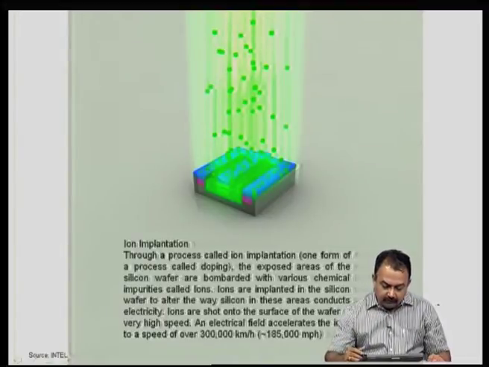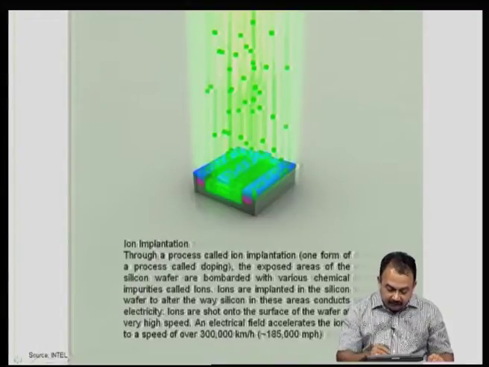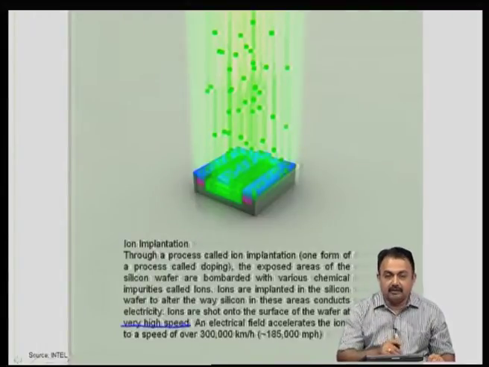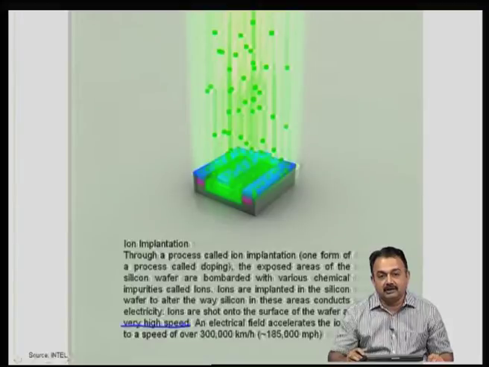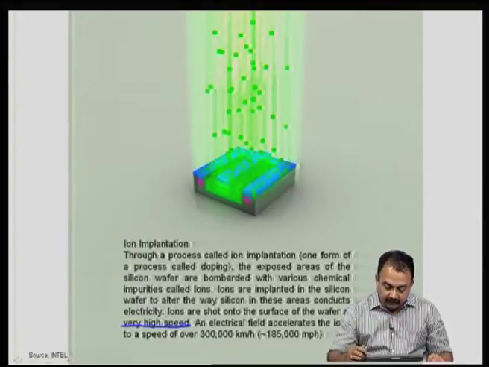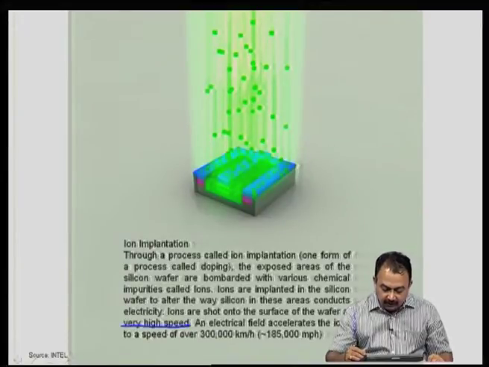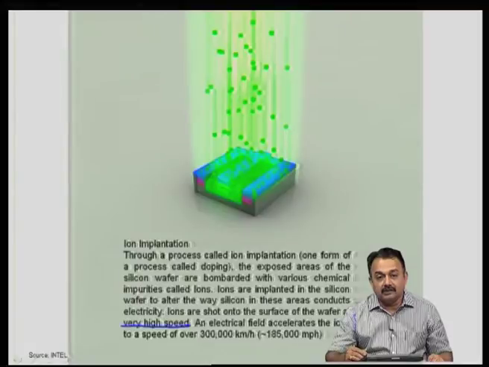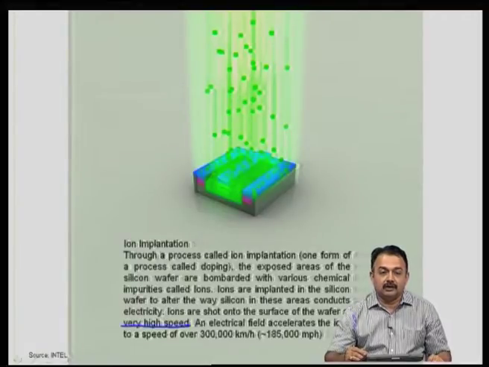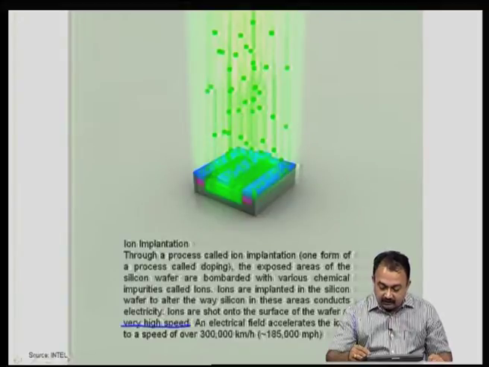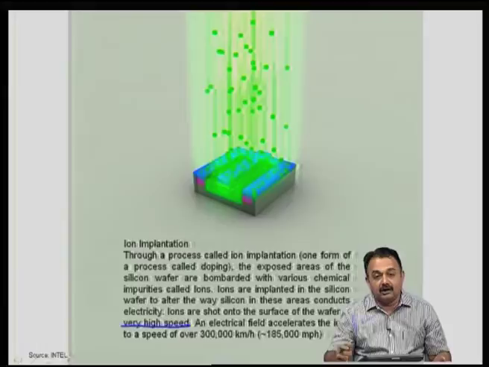If you look at this, ions are shot onto the surface of the wafer at very high speed. It is a bombardment that takes place, only then the doping or implantation can take place. The electrical field accelerates the ions at a speed of 185,000 miles per hour. It breaks into the crystal lattice and then it creates a new environment for improving the conduction property.